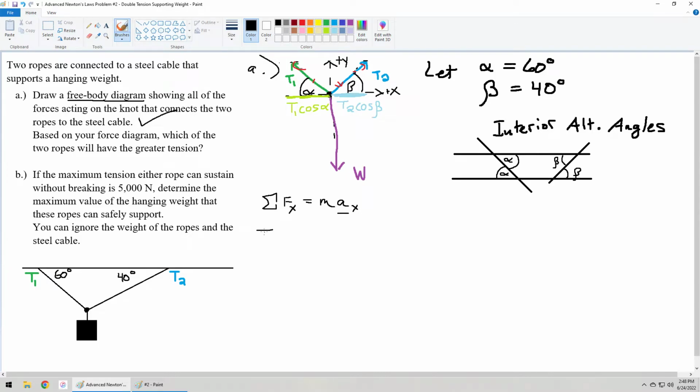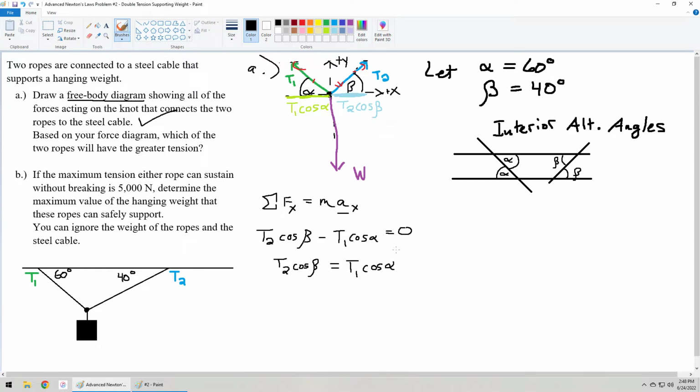So we have T2 cosine of beta minus T1 cosine of alpha equal to 0. So we can move this piece over, which will tell us that T2 cosine of beta is equal to T1 cosine of alpha. Okay, that's cool.